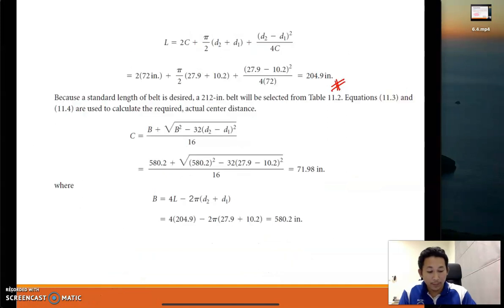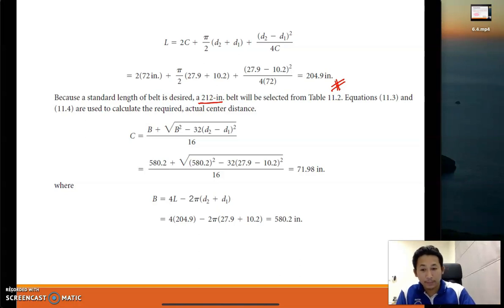Okay, from the table we choose 212 and then we calculate.